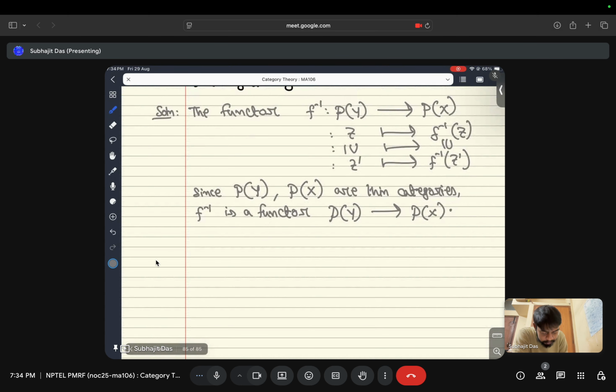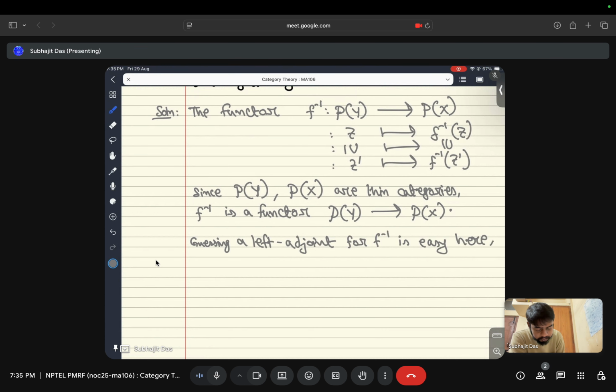So maybe I'll put a note here that guessing a left adjoint, which is unique up to a natural isomorphism, is easy here for F inverse, but we will first prove the existence of one.